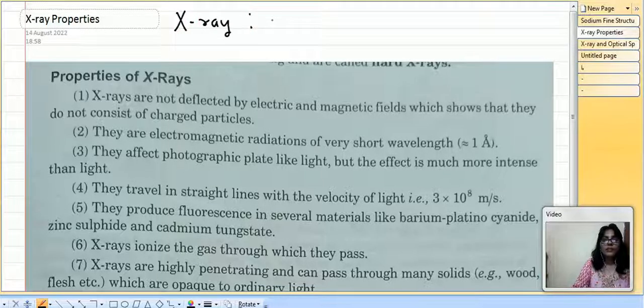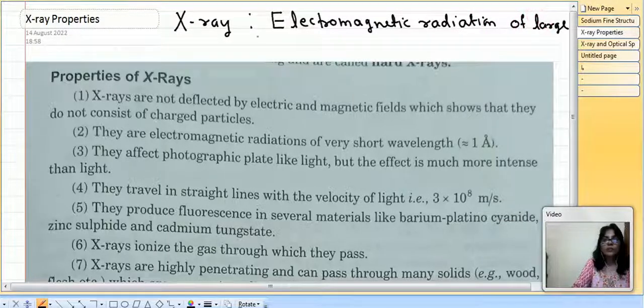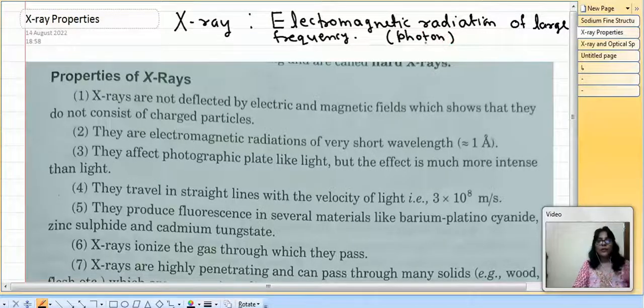So X-ray is basically electromagnetic radiation, radiation of large frequency. So the quanta will be photon. For all the electromagnetic radiation, the quanta of energy is photon.